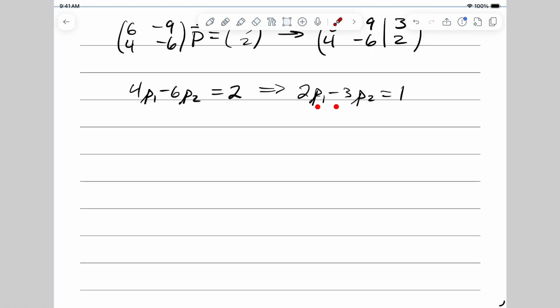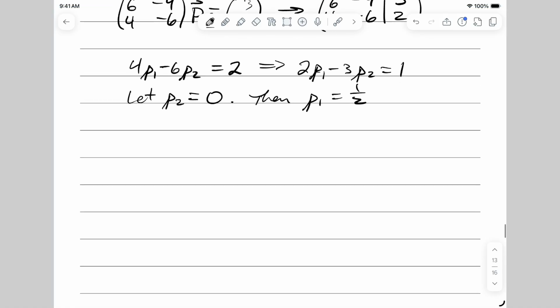We can let either one of them be whatever number we want, including 0. So I'm going to let p2 equal 0. Then we get that p1 is equal to 1/2. Yeah, it's a fraction. Sometimes there's just not a way around that. And then the vector p is (1/2, 0).